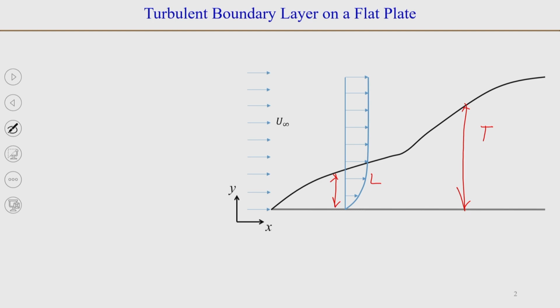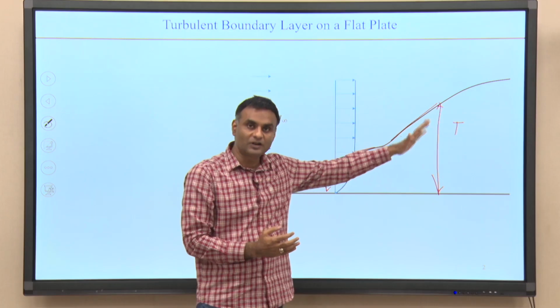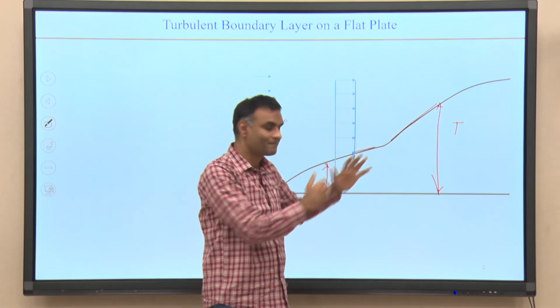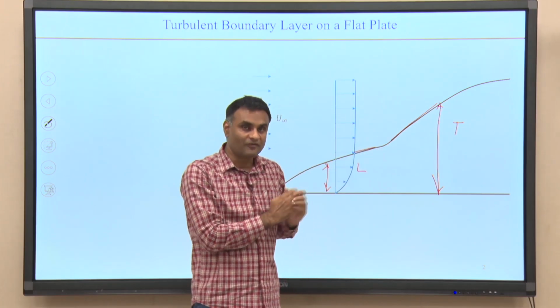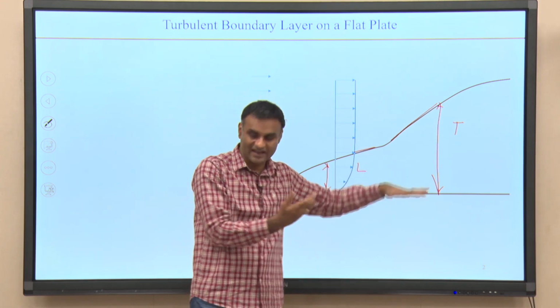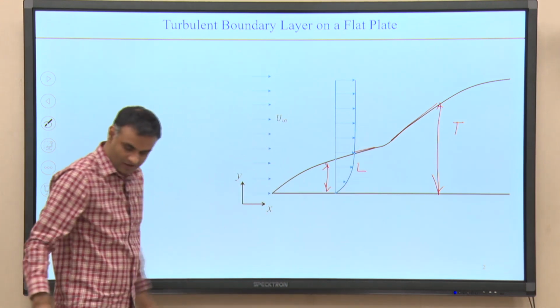The slope here is smaller for the laminar case, and the slope in the turbulent flow is significantly larger. So, as you move along the plate with x, the growth of the turbulent boundary layer is faster with x.